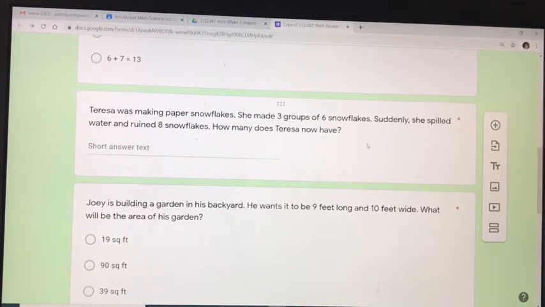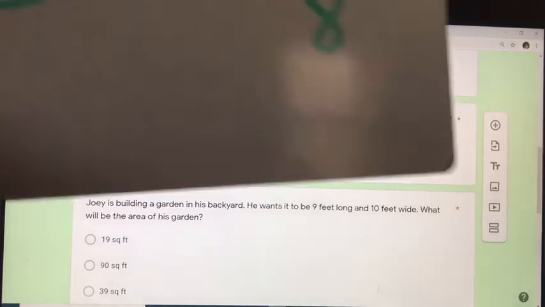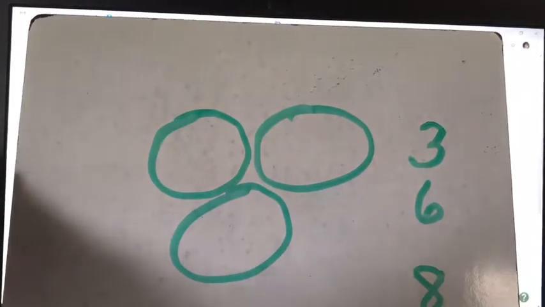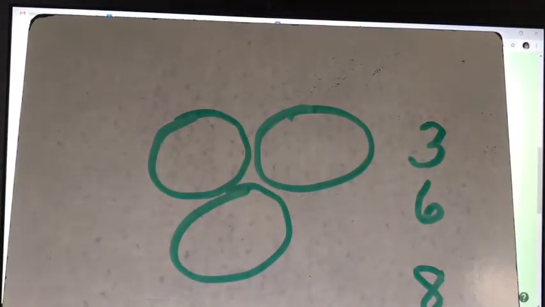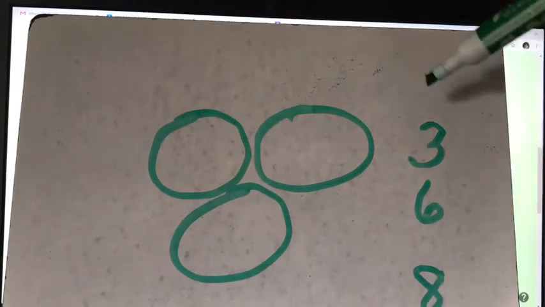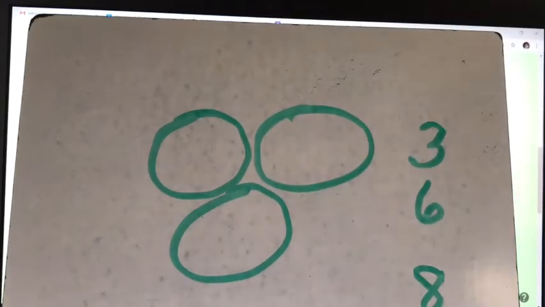So now I'm going to go back and get a picture in my head of what I'm reading. Teresa was making paper snowflakes. So she made 3 groups of 6 snowflakes. What would that look like to me? Well, I have my numbers 3, 6, and 8. Those were the numbers I had to use in my problem. And I have 3 groups right here.